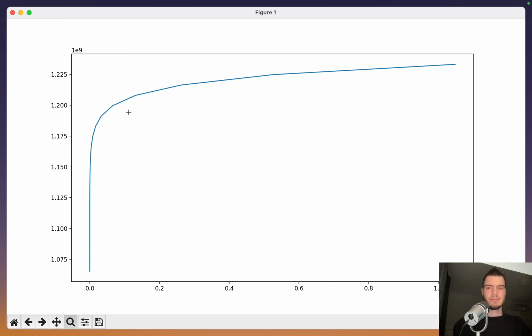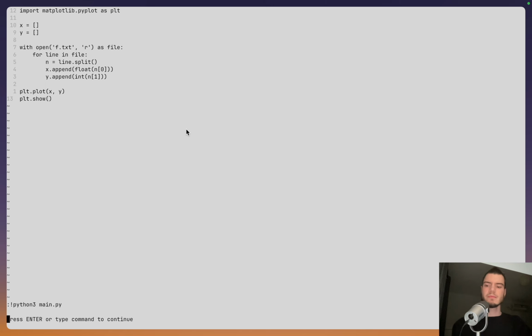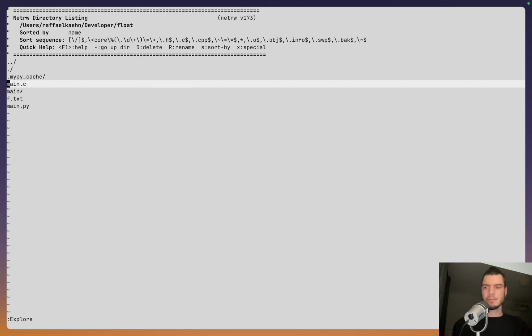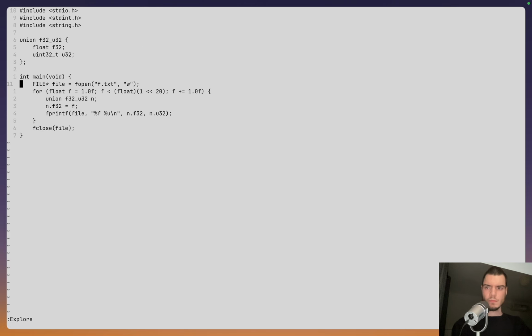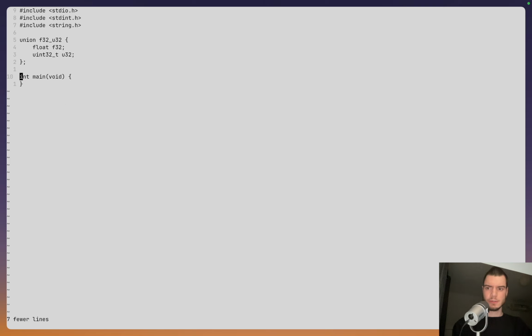All right. Let's actually have a look at how a 32-bit floating point value is represented in its actual bits. And for that, I want to go back to C. And for now, I'm just going to delete this code. That shouldn't be needed anymore.